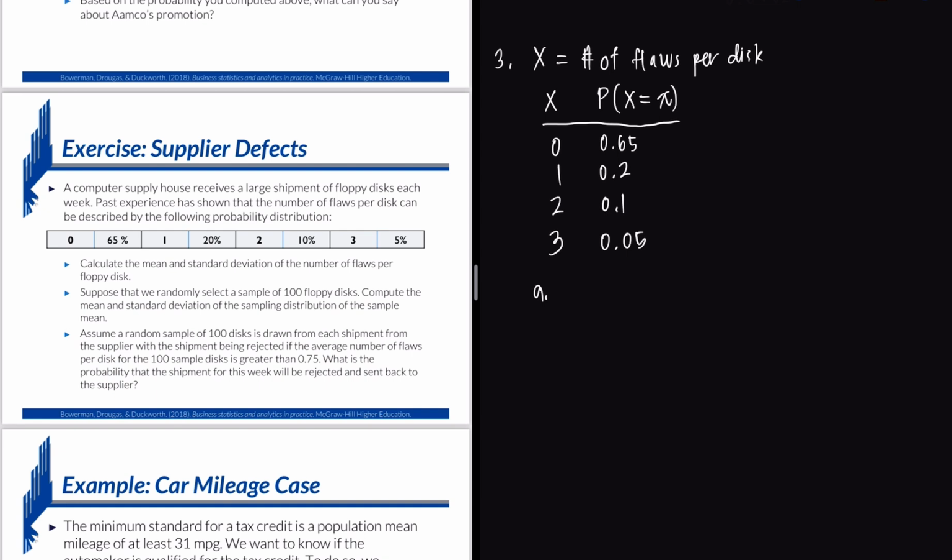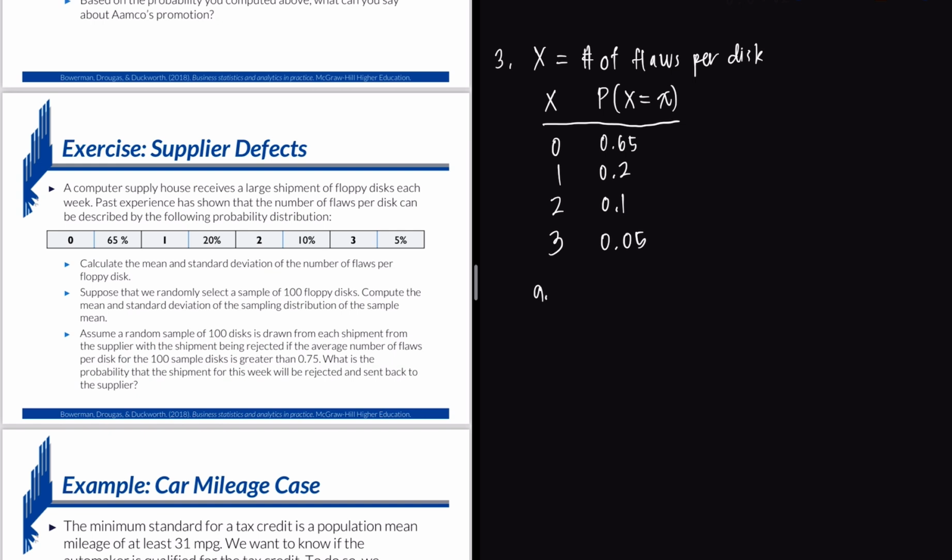So in this particular problem, we can input these four values of X under X, and then under the frequencies, we can put these probabilities. So the frequency for 0 is 0.65, for 1 that's 0.2, and so on.